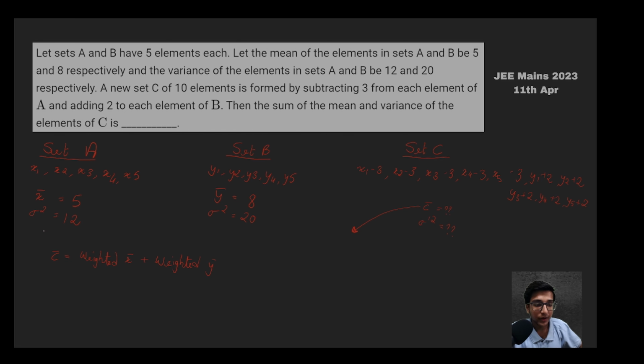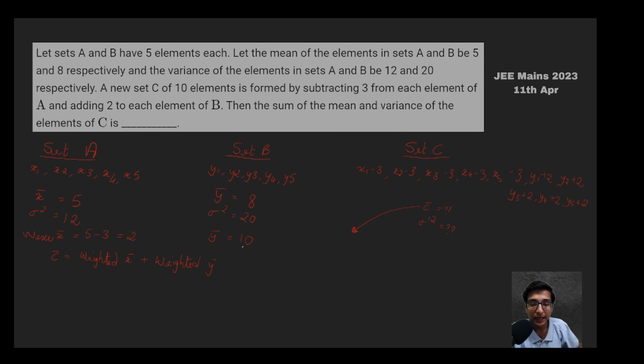So let us find the new x bar first, which will become 5 minus 3, since all the terms have been subtracted by 3, and we remember if all the terms of a set are added or subtracted by a constant term k, then the mean would also be added or subtracted by that constant term k. So we subtract 3 here and we would get 2. Similarly for y bar, we would get it to be 10.